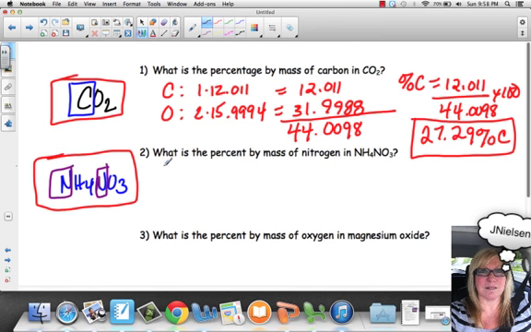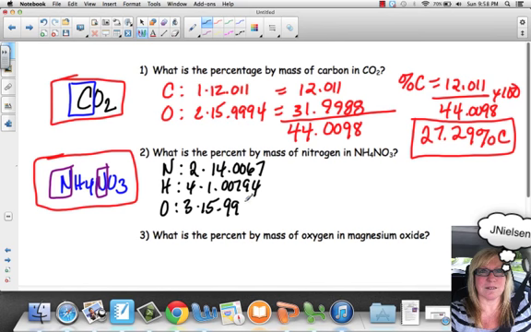So we've got N, we have 2 of them, times 14.0067. H, we have 4 of them, times 1.00794. And oxygen, we have 3 of them, times 15.9994. So let's do some math here.